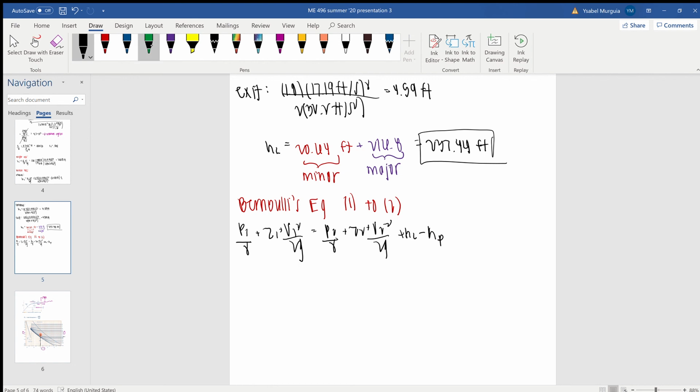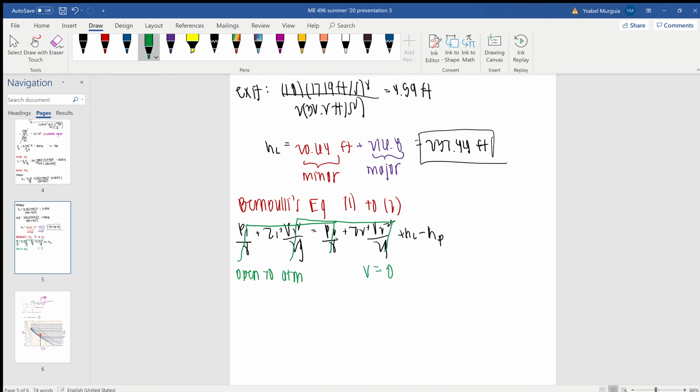Okay, so right off the bat, we know that P1 and P2 are both going to be equal to 0 because they are open to the atmosphere. V1 and V2, as mentioned earlier, due to continuity, they will be equivalent, so these two will cancel. Additionally, since it is a large tank, we can just assume this velocity to be 0.